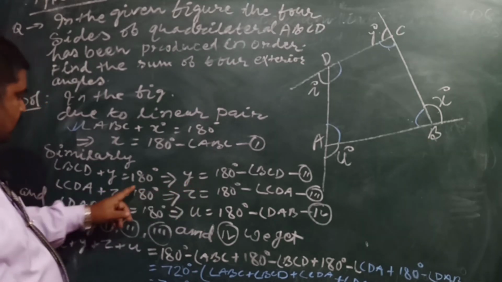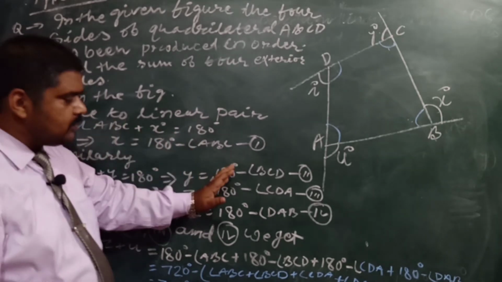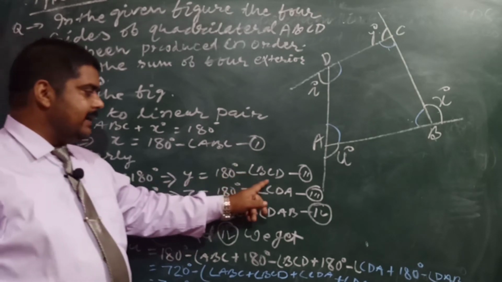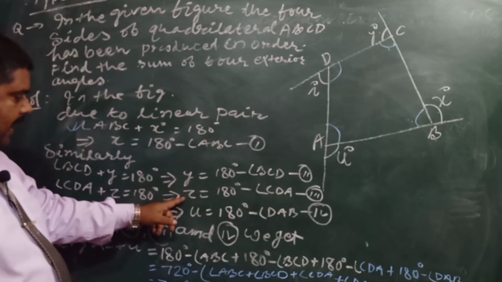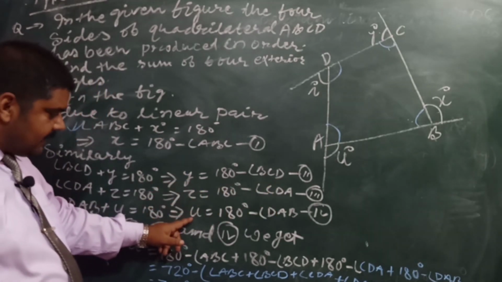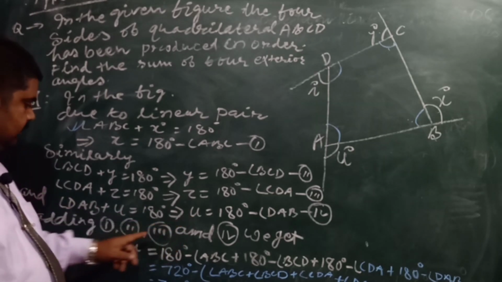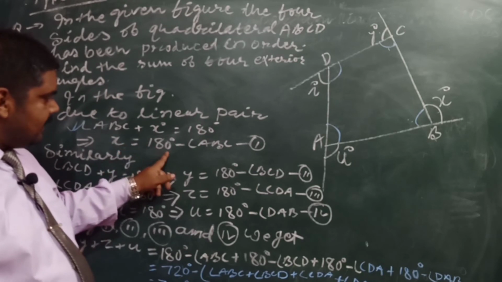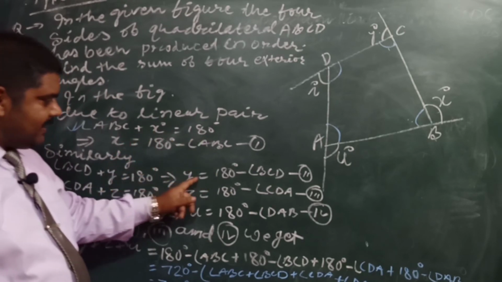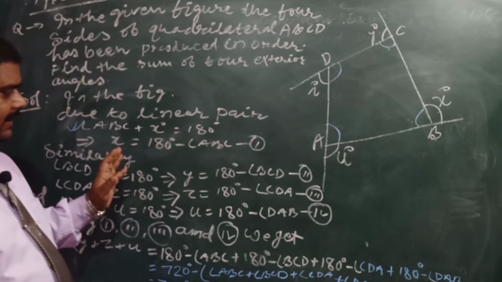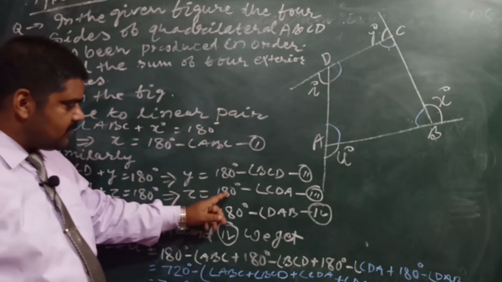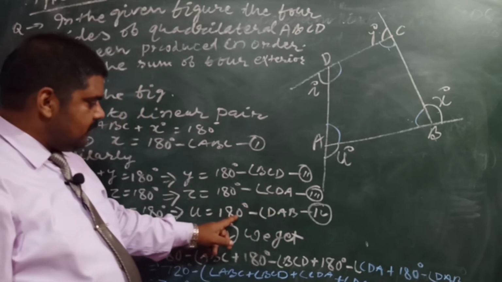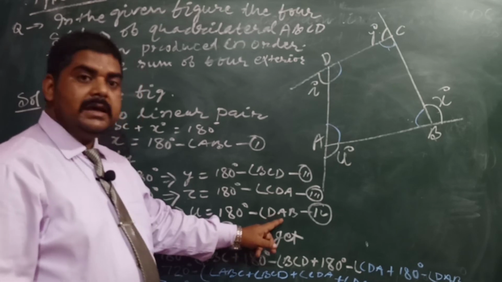So y is equal to 180 degrees minus angle BCD. Similarly, you can find z and u, and after that you need to add all these four equations. x is equal to 180 degrees minus angle ABC, y is equal to 180 degrees minus angle BCD, z is equal to 180 minus angle CDA, and u is equal to 180 minus angle DAB.